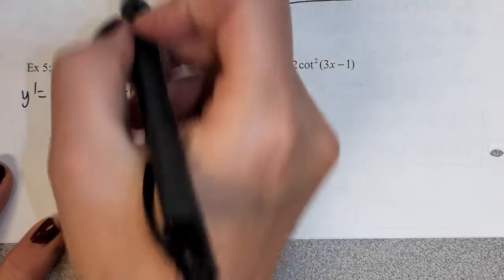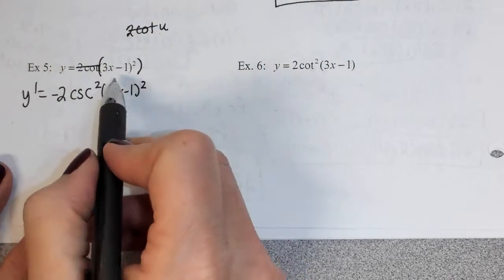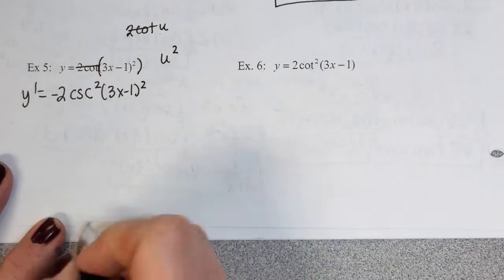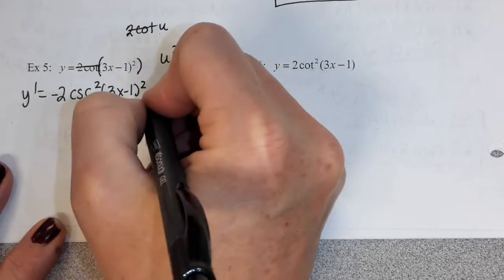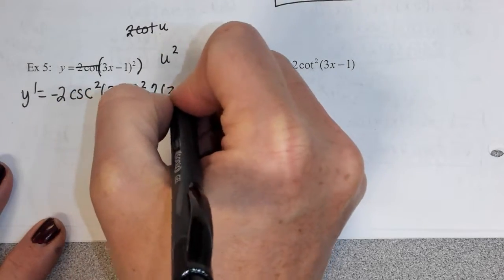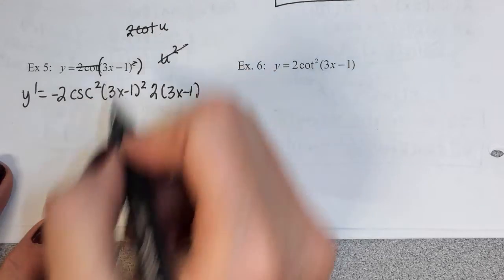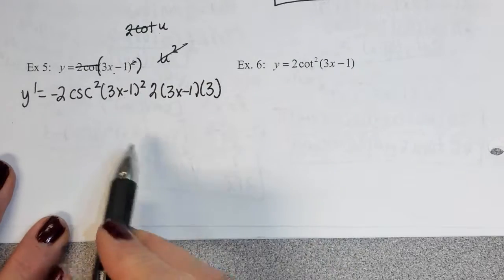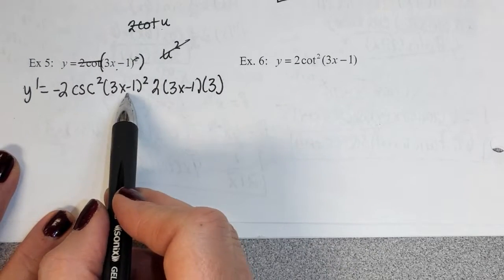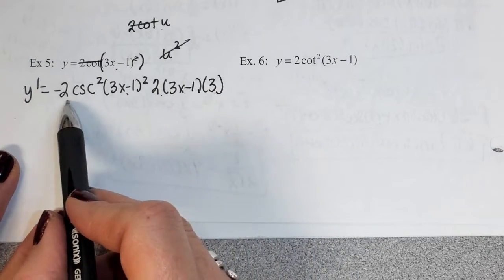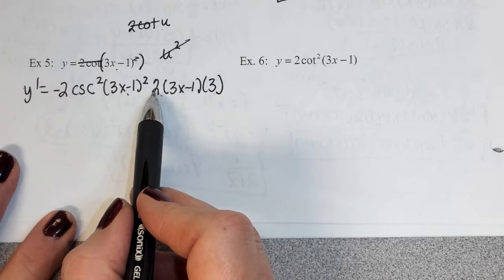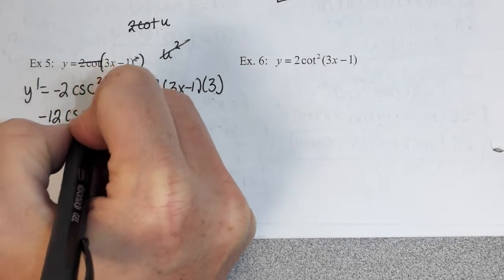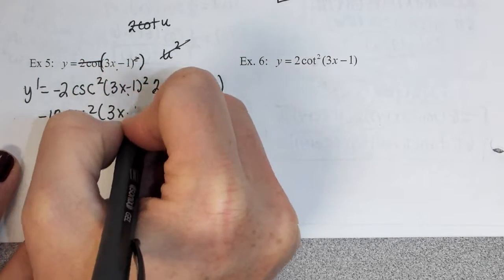I just did the derivative of 2 cotangent. So now I'm down to this problem. So now I'm down to u squared. So the derivative of u squared is going to be 2u. Now I'm done with the squared. So now I'm on the inside. Derivative of 3x is 3. So now putting it all together, this angle doesn't change. I just multiply all of this. -2 times 2 is -4 times 3 is going to be -12 cosecant squared of 3x.